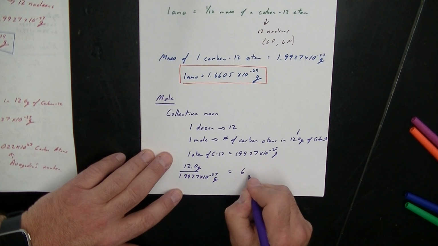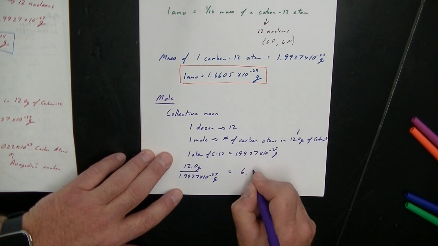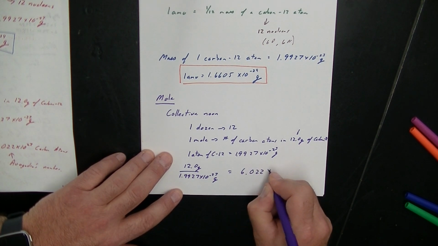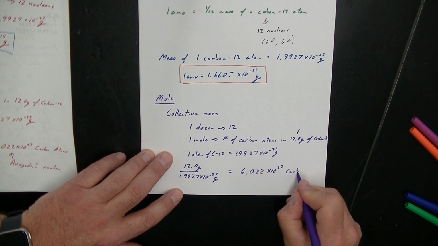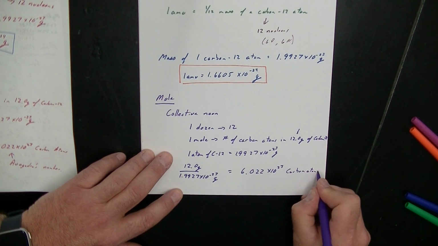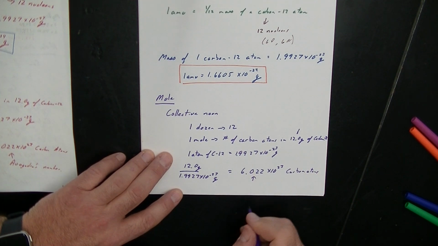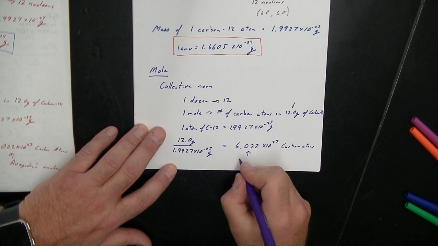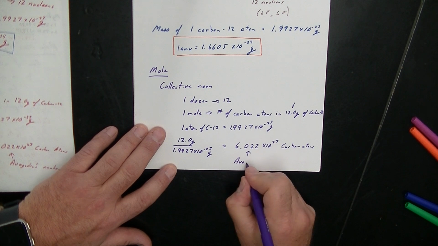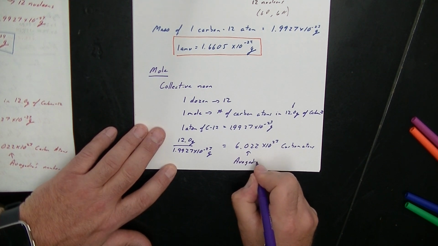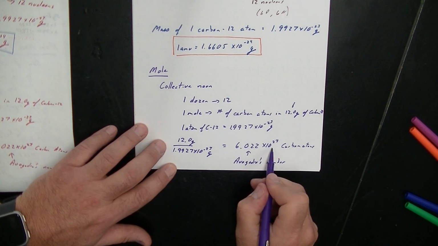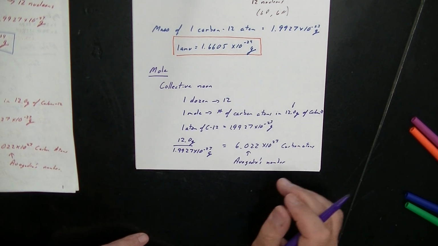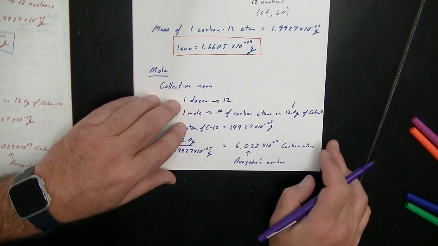We find that 1 mole is equal to 6.022 times 10 to the 23rd carbon atoms. Okay, so this number is Avogadro's number, and it's the number of particles in 1 mole of a substance.